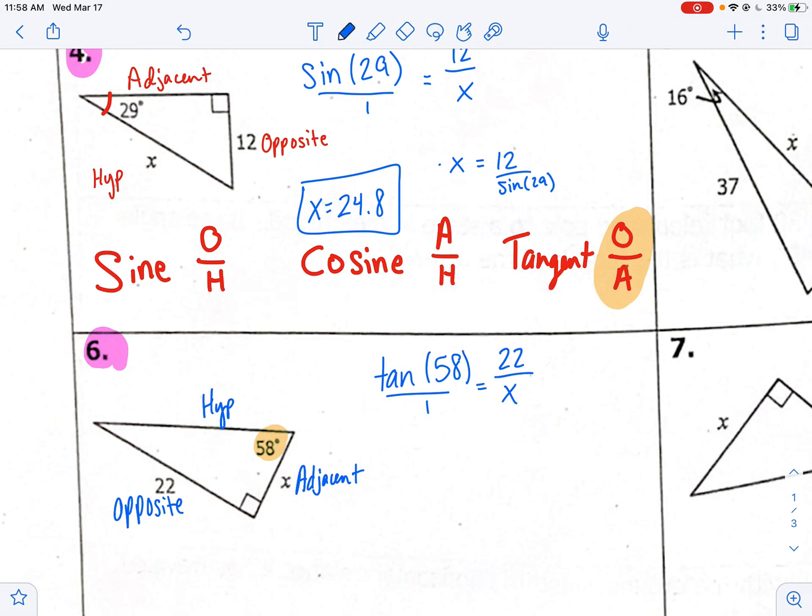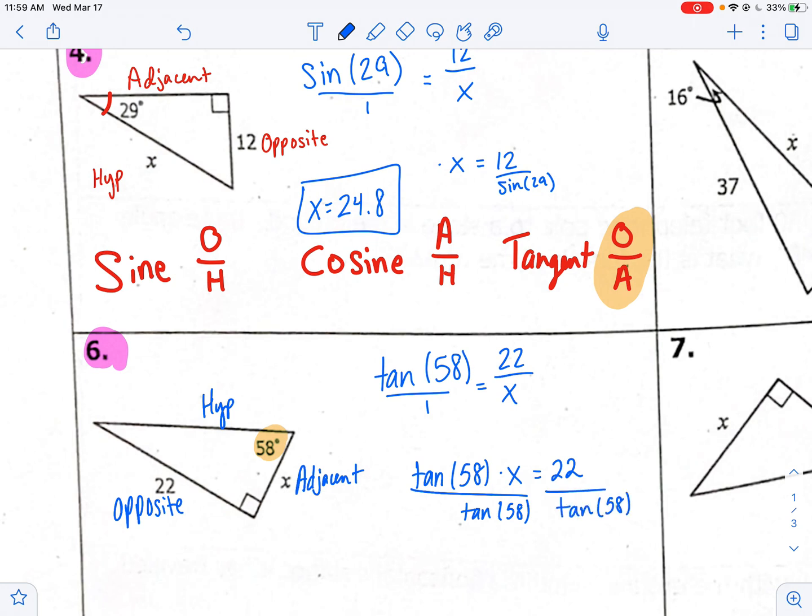If we cross multiply, tangent of 58 times x, where tangent of 58 is just some decimal, equals 22. What do you do then? You've got to divide by the tangent of 58 on both sides to get x by itself.